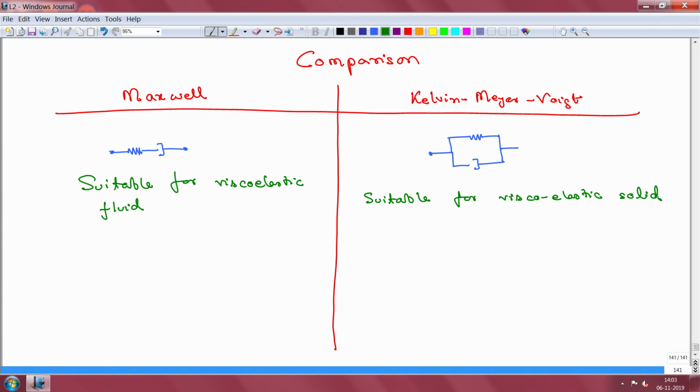But why did that really happen, other than the mathematics which shows us the way? Is there a physical and intuitive manner in which we can explain these results? The answer is yes. So, if you look at the Maxwell model, now see, when you apply a finite amount of force, a spring will only stretch by a finite amount. But when you apply a finite amount of force through the dashpot, it need not stretch only by a finite amount.